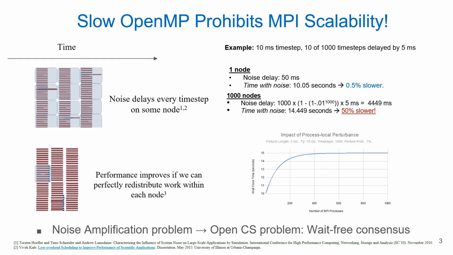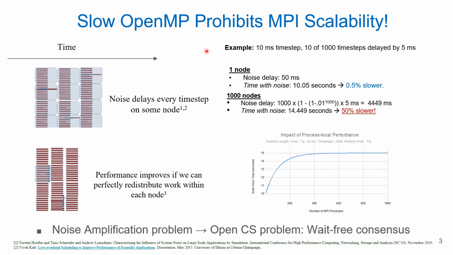Given the advent of GPUs and node-level heterogeneity on supercomputers, nodes have become fatter and more complex, which includes transient or probabilistic system perturbances. Now, if we look at the application timeline here on the top left, light blue boxes indicate MPI processes, dark red rectangles indicate the core's computation within each MPI process, and the dark blue is this performance perturbance, or noise for short, and let's say that it's 5 milliseconds.